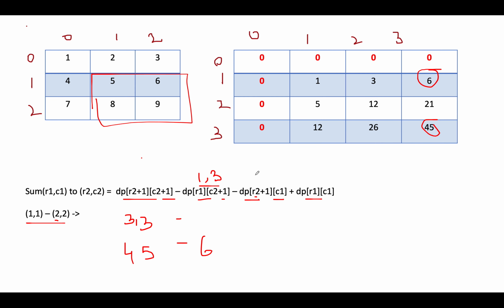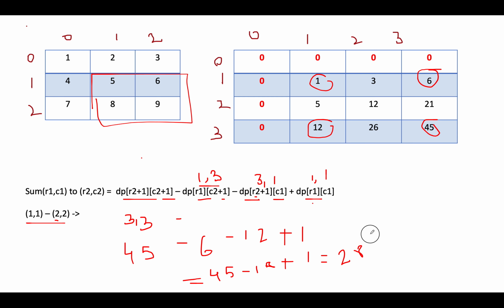R2 is 2, so (3, 1). (3, 1) is 12. So we'll write minus 12 here and plus (1, 1) because R1 is 1, C1 is 1. So the value here is 1. So the formula becomes 45 minus 18 plus 1, which is nothing but 28.